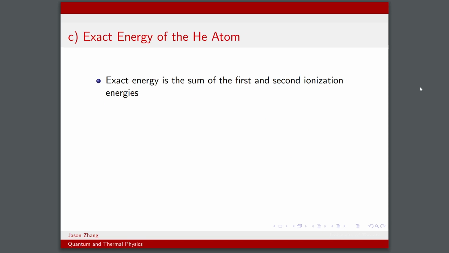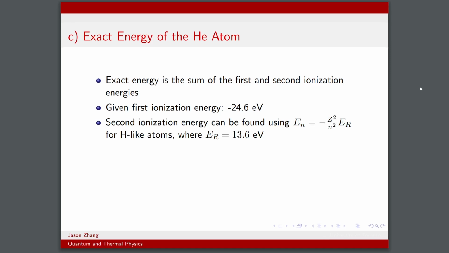So part C. Now we want to calculate the exact energy, the exact binding energy of the helium atom. And we know that the exact energy is going to be the sum of the first and second ionization energies. We're given the first ionization energy in the question, negative 24.6 electron volts, and we want to find the second ionization energy.